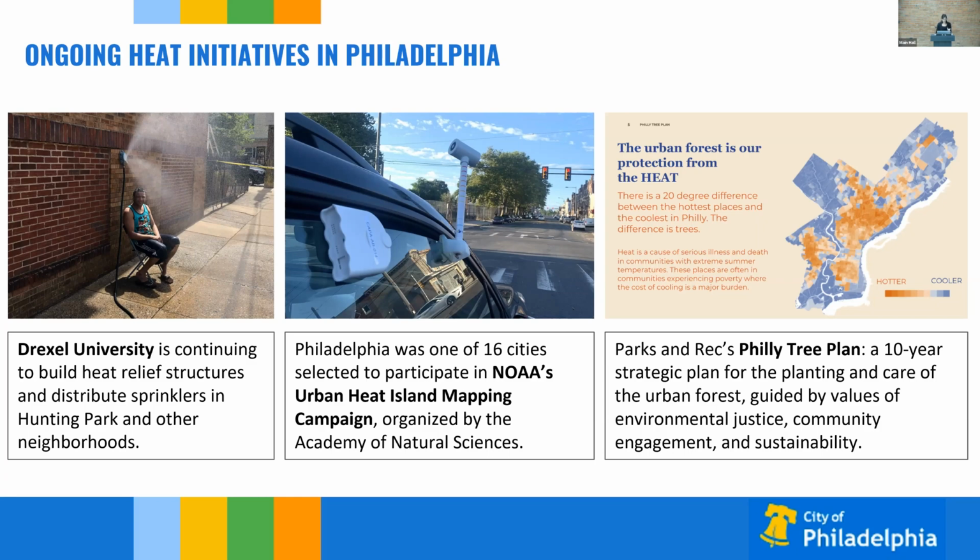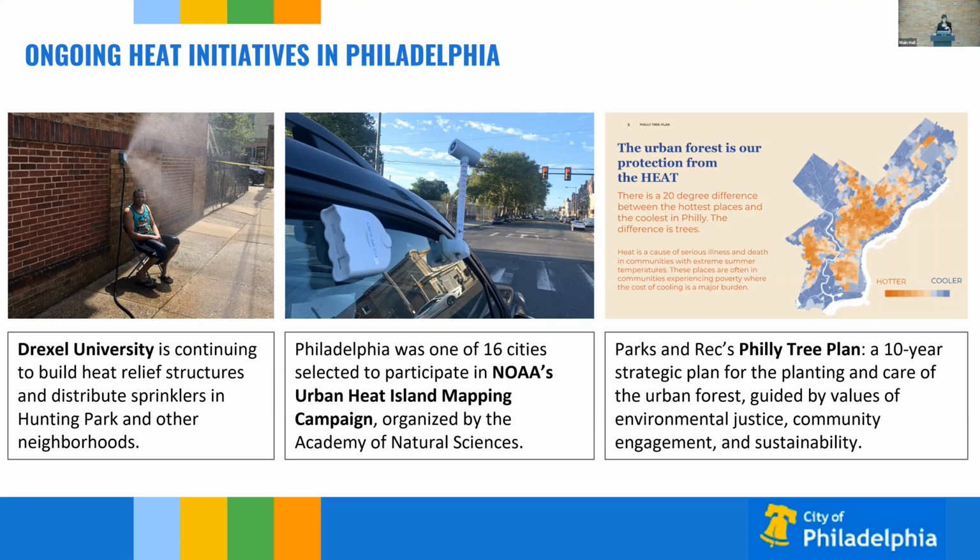The Academy of Natural Sciences, who was the awardee of this campaign, broke up the city into about 10 different sections. They mounted sensors on cars, and then had people drive throughout those sections at 3 times throughout the day: at 6 a.m., at 3 p.m., and at 7 p.m. We don't have the data from that yet, but when we get it, it will show the variation of heat and air quality throughout the city, as well as variation throughout the day.